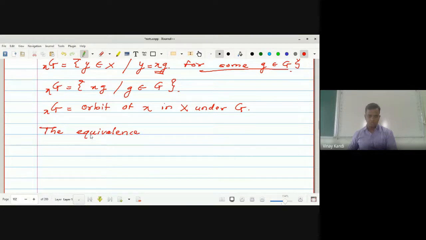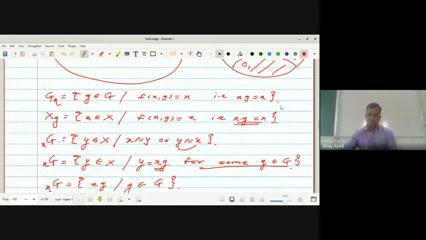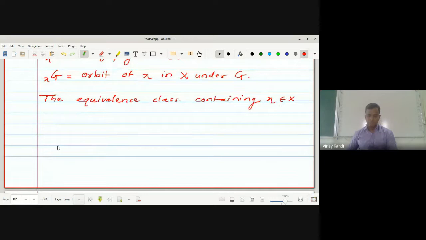Okay, so the equivalence class containing x belonging to capital X, and now what do we call each part? So this is the first equivalence class, this is the second equivalence class. The equivalence class containing x belonging to capital X is the orbit of small x.